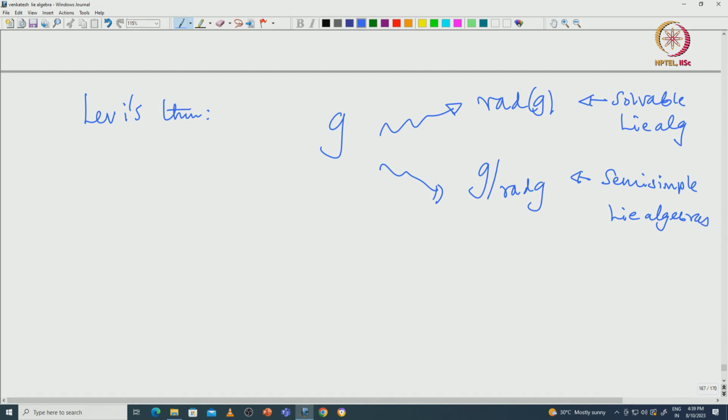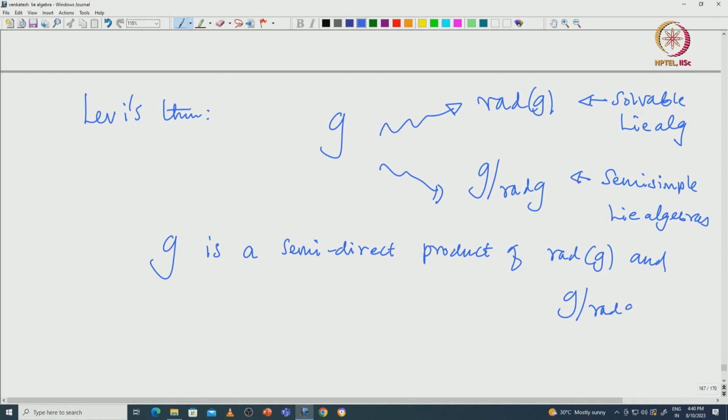G can be constructed from this radical G and this G modulo radical G. This is the semi-simple part of G and this is the solvable part of G. So, G can be constructed from these two. That means G is a semi-direct product of radical G and G modulo radical G.